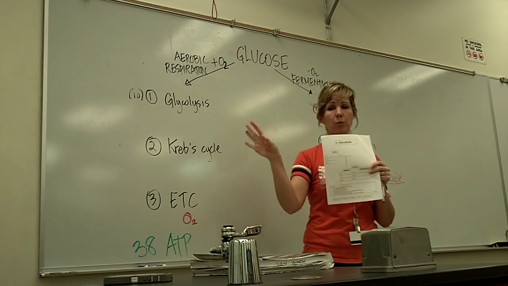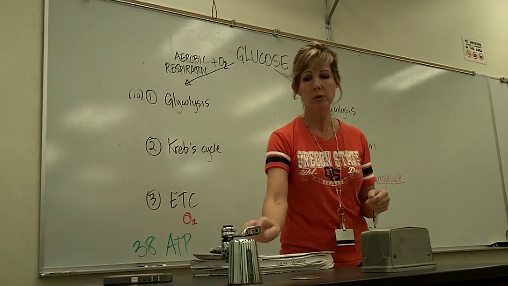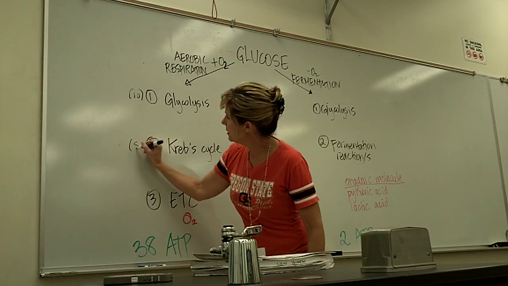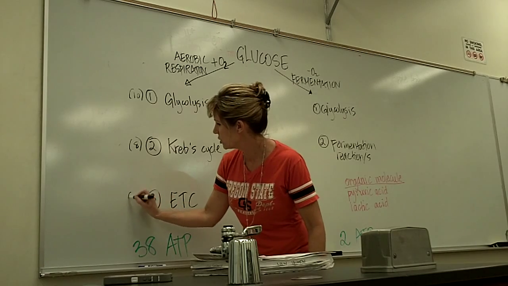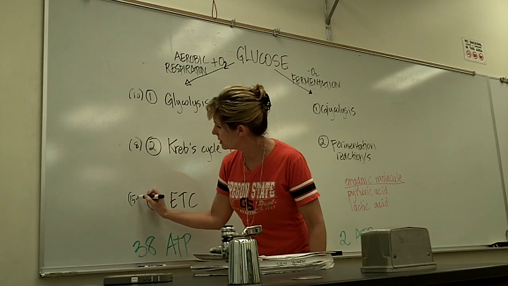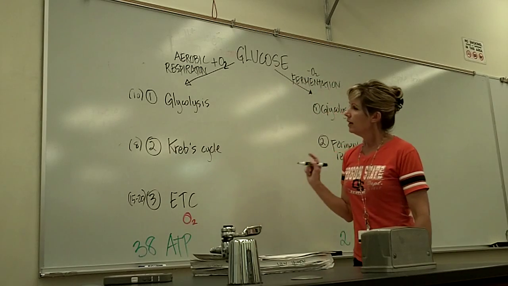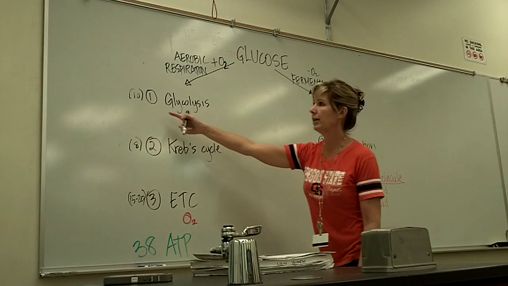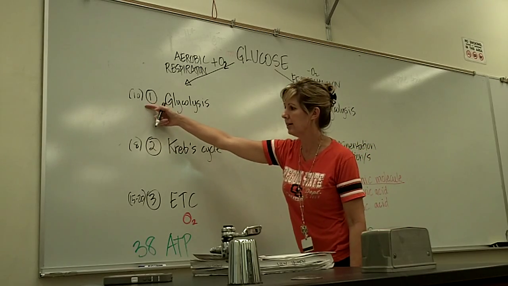And I'll show you what those 10 different chemical reactions would look like. And the Krebs cycle is about 8. Electron transport chain, probably 15 to 20 different reactions. Which means for every chemical reaction, there will be a unique enzyme.